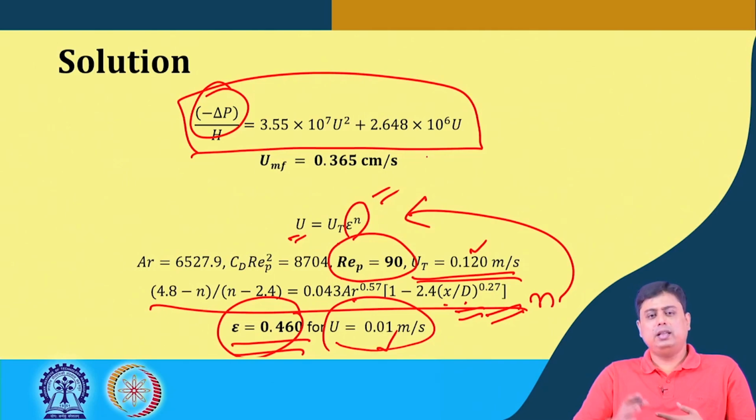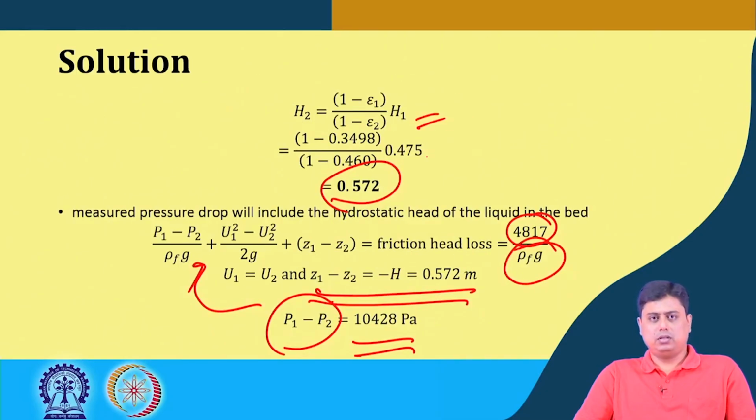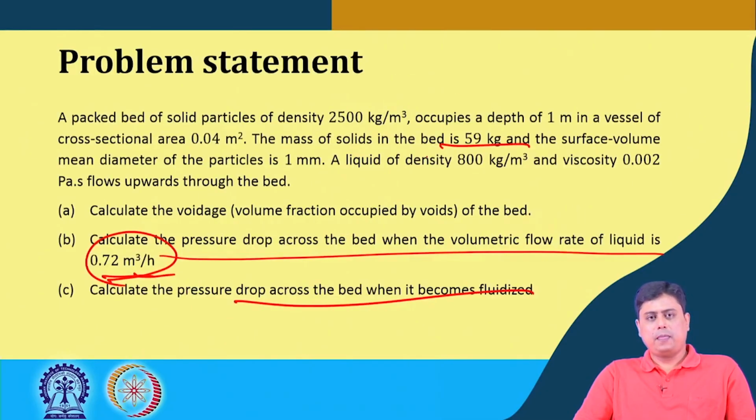If it is, then we have used the expanded bed relations to find out what would be the bed height and the bed porosity. But in this case, we have compared the pressure drop to know whether the bed has expanded or not.